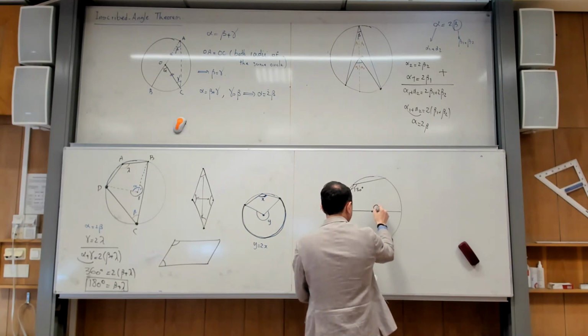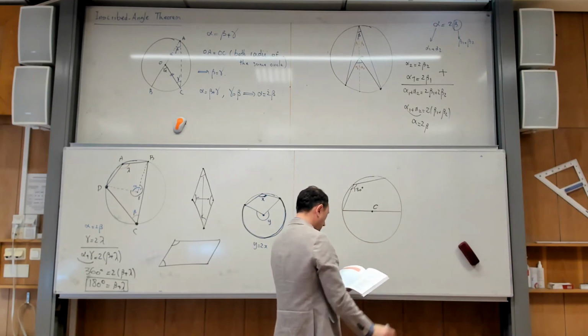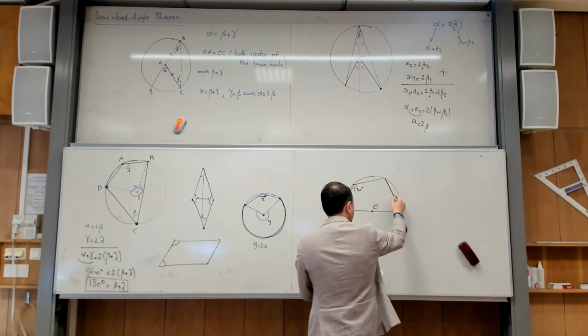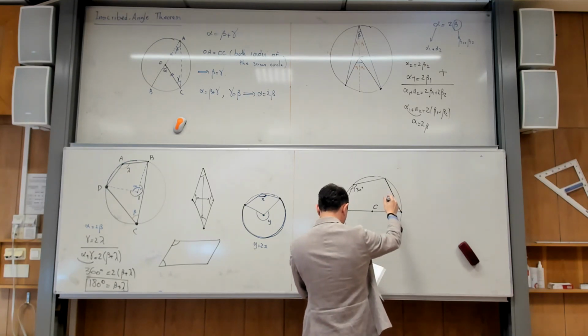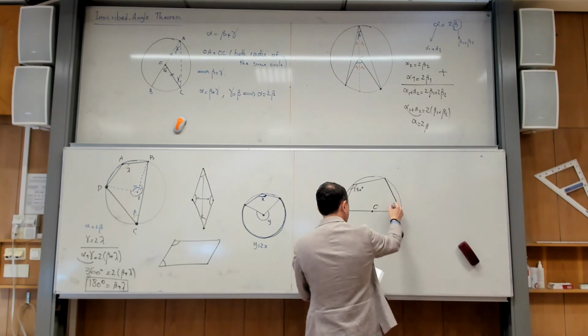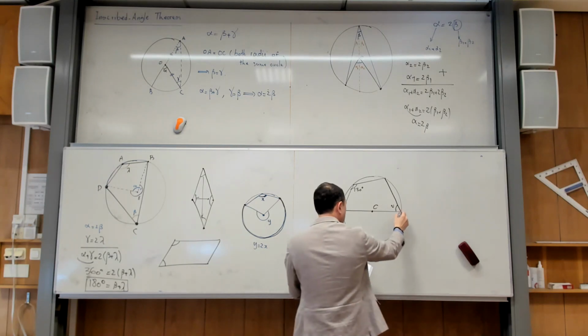So let me call it C for center, okay? And then you have this one to be V, and then they ask you to find this.